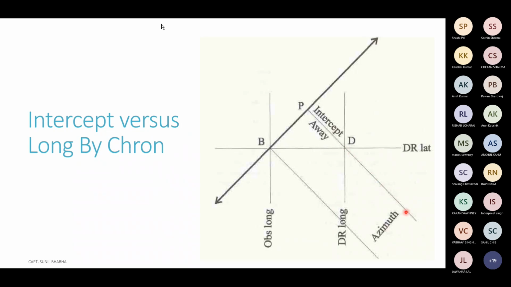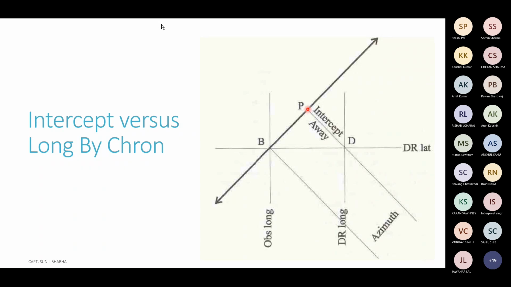So you have the azimuth of the body plotted here. The intercept is away, so you go from the DR position away from the body. The body is on this side. So you go away from the body a distance equal to the intercept, and the ITP which you are going to get will be this point Papa. And this ITP will lie exactly on the long by Cron PL.